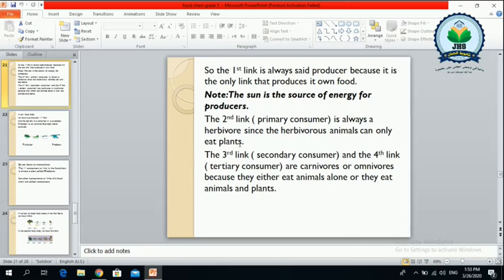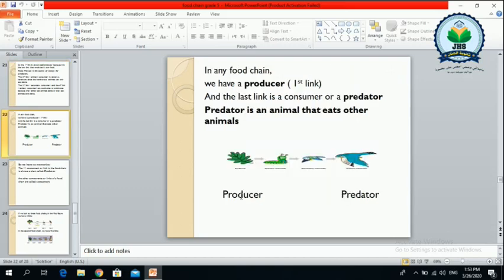And the second link, which is the primary consumer, is always a herbivore because the herbivorous animals can only eat plants. While the third link, which is the secondary consumer, and the fourth link, which is the tertiary consumer, are carnivores or omnivores because they either eat animals alone or they eat animals and plants.